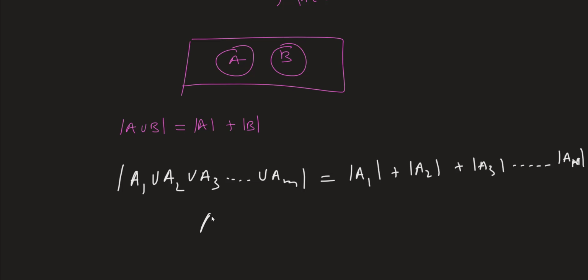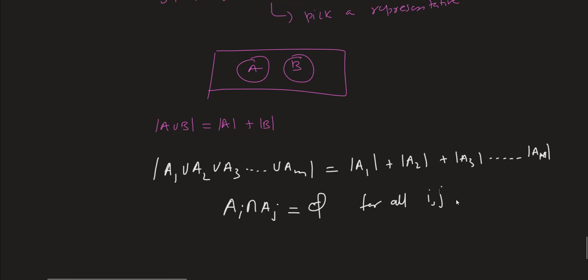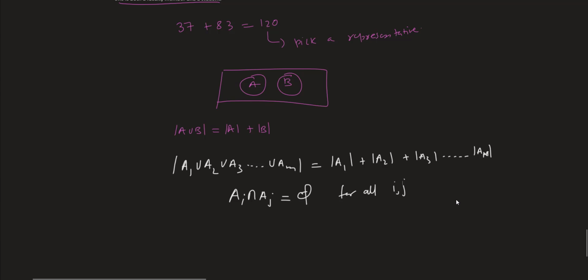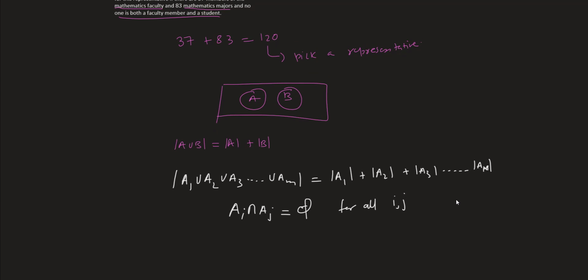Since they are disjoint sets, there is nothing common between Ai and Aj. The intersection is phi for all values of i and j. This is how it can be understood using sets. So this is just like a disjoint set, and nothing is common between them.